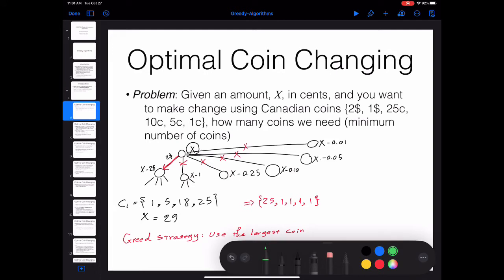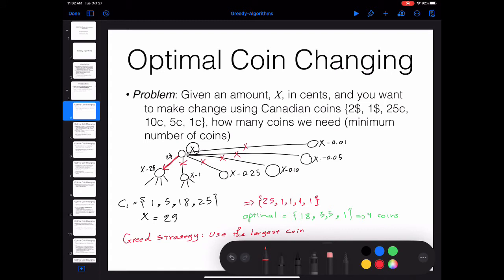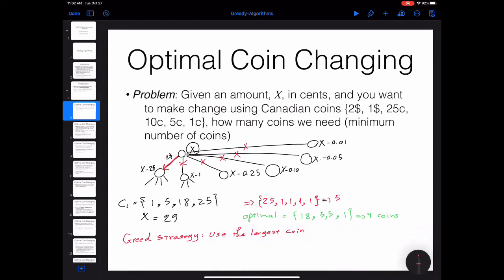But the optimal answer is to use the coin 18, use two 5s, and one penny. So you can see that this gives me just 4 coins, although the greedy strategy gives me an answer with 5 coins.